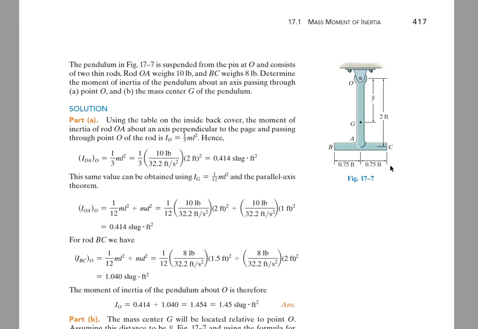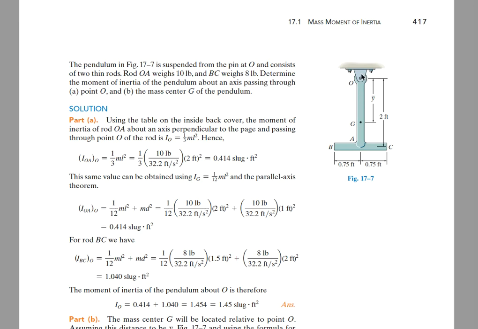Then, for this T-shaped body, to calculate the moment of inertia about the hinge, point O, we're going to use the parallel axis theorem, in a sense finding the moment of inertia of the composite body about a point that is offset from the center of mass.